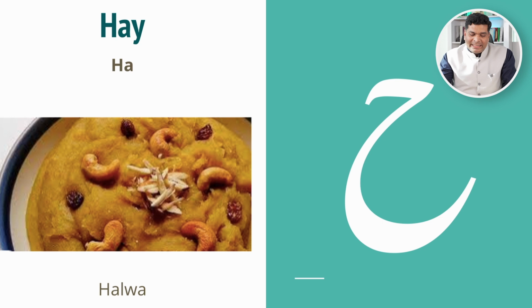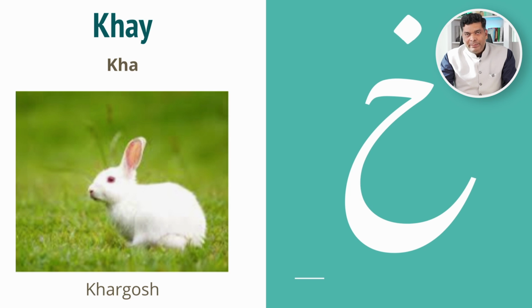You will also find a similar-sounding letter called Choti He, but He could stand for, say, halwa that you see on your screen. The letter is called He, and the sound it gives you is Ha. Another variation of the same, but with a nukta on top, is called Khe. For Khe, you can have the word Khargosh, and the sound it gives you is Kha.